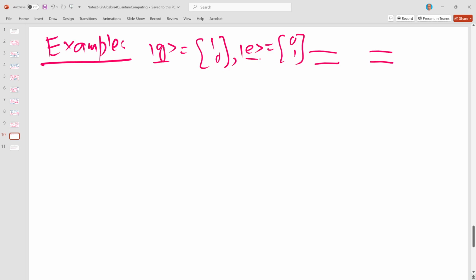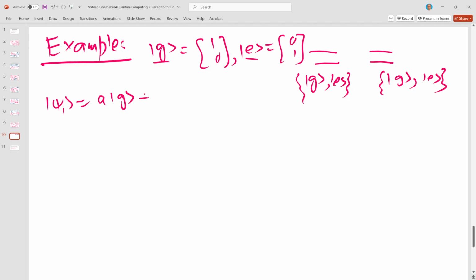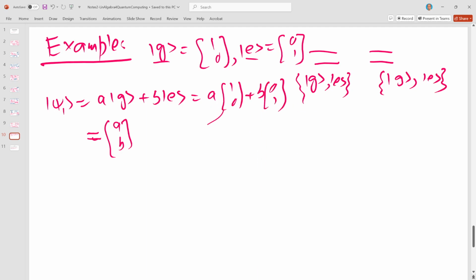So this is the basis for both of them. So for example, psi 1 can be written as some state (A, B), because this can be written as A times (1, 0) plus B times (0, 1), and when I combine them I can write it like this.